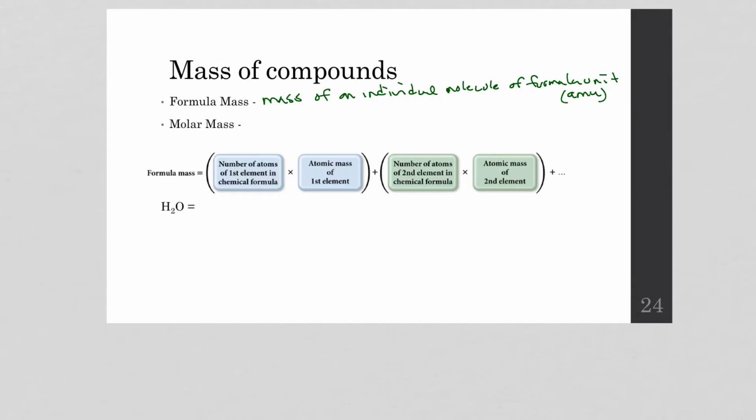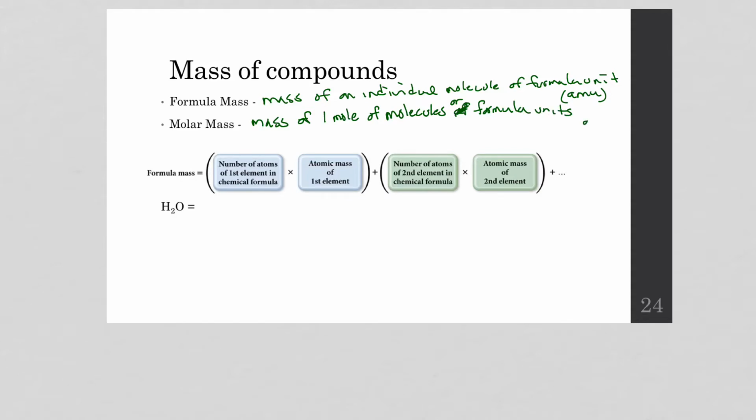Of course, just like we had a molar mass of elements, we can have a molar mass of compounds. This is the mass of 1 mole of molecules or formula units.